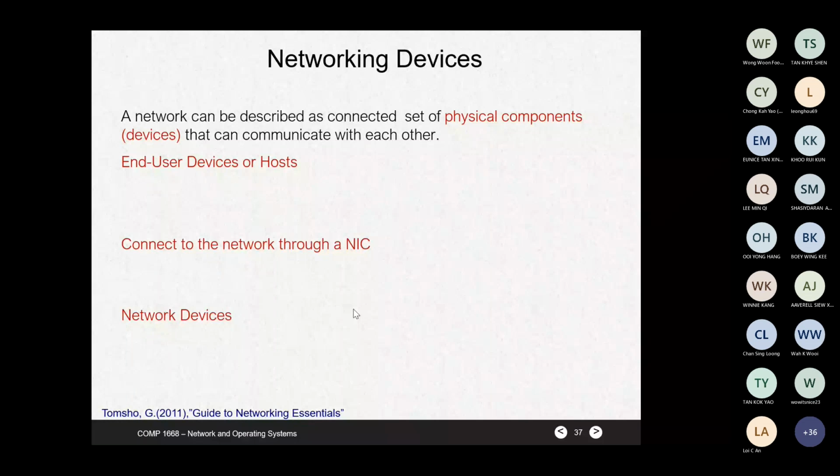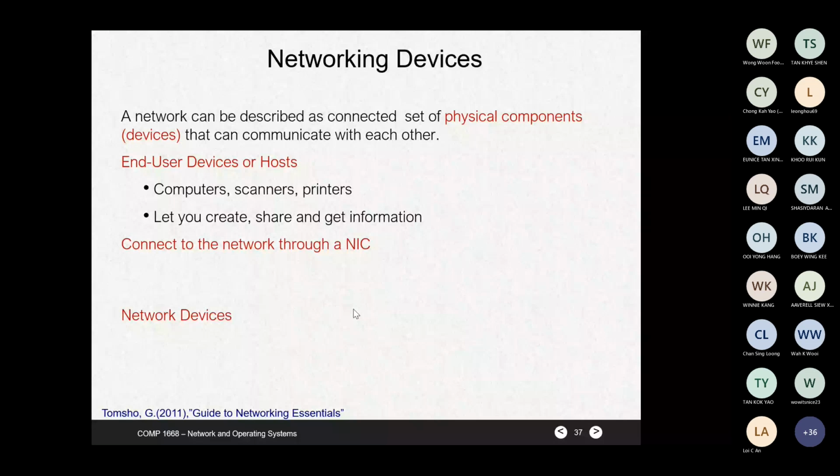Network devices. There are various network devices which we can run through quickly. I'm not going to go into very much detail unless there is a question. We have various devices for the end user, or host, also connected through the NIC and the actual network devices.